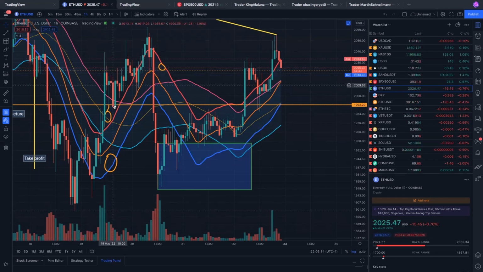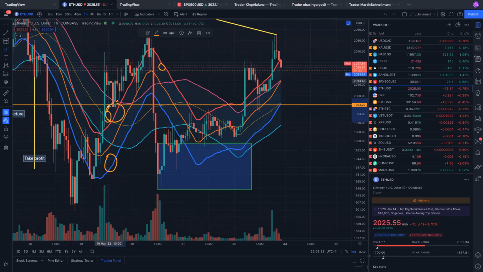It's outside of the red bands, and you take it down until it comes to a confluence area where it crosses right here. It came down to the next red line right here, came back up. If you would have got in right here, you took it down.